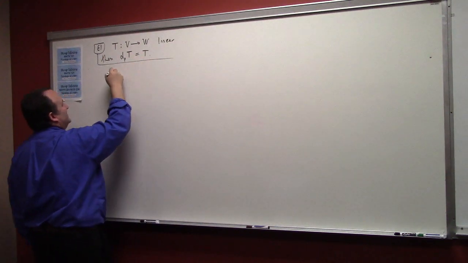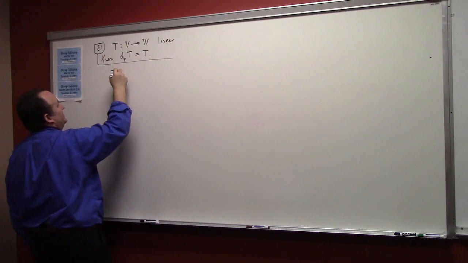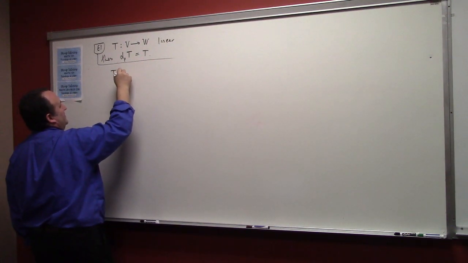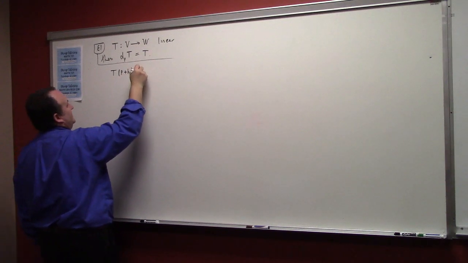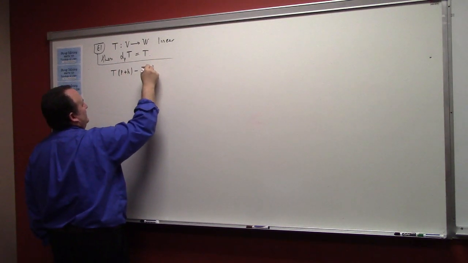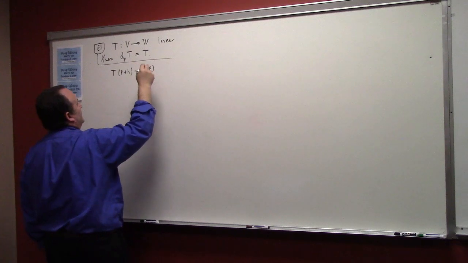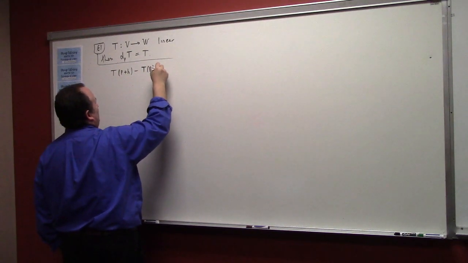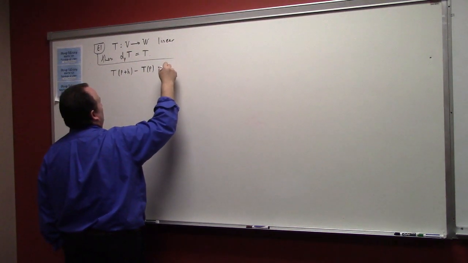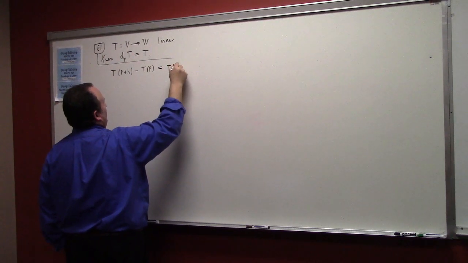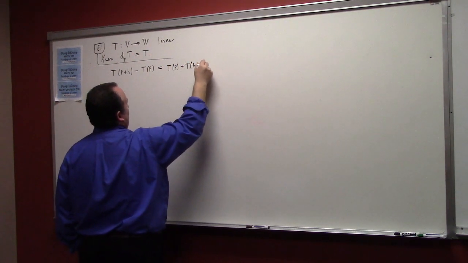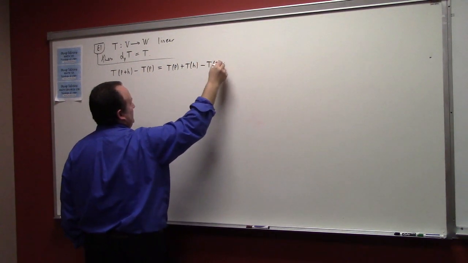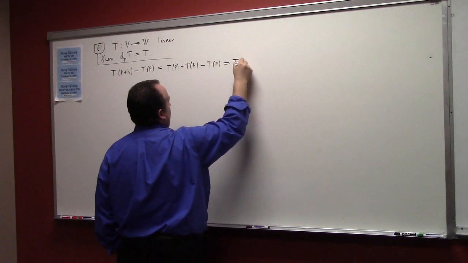And to prove this, just look at T of P plus H minus T of P. Well, what's that equal to? That's equal to T of P plus T of H, right, minus T of P, which is equal to T of H, right?